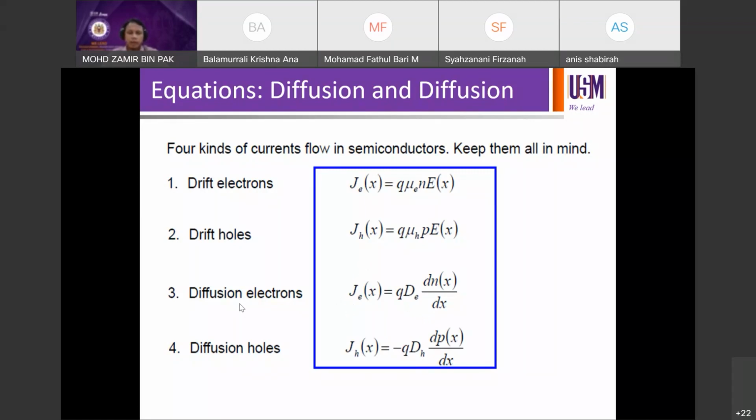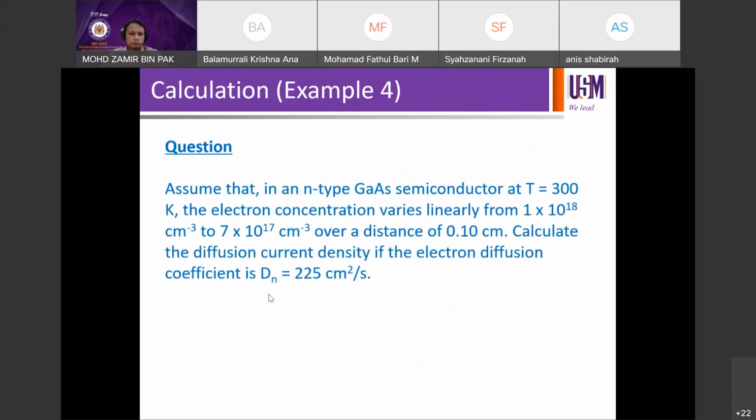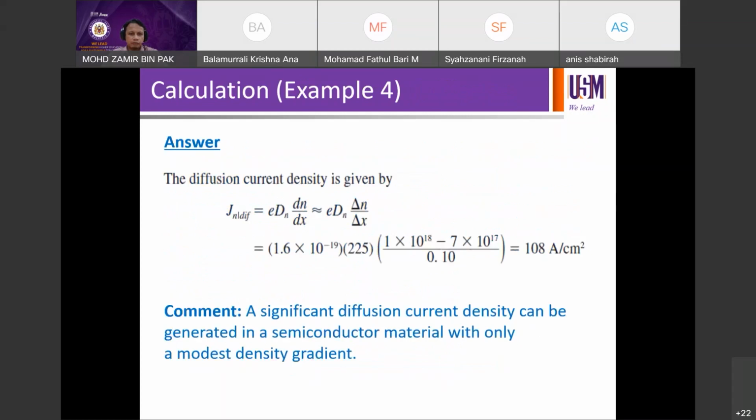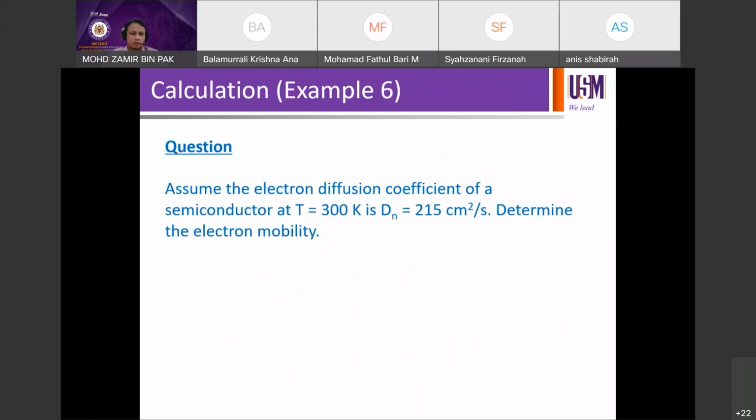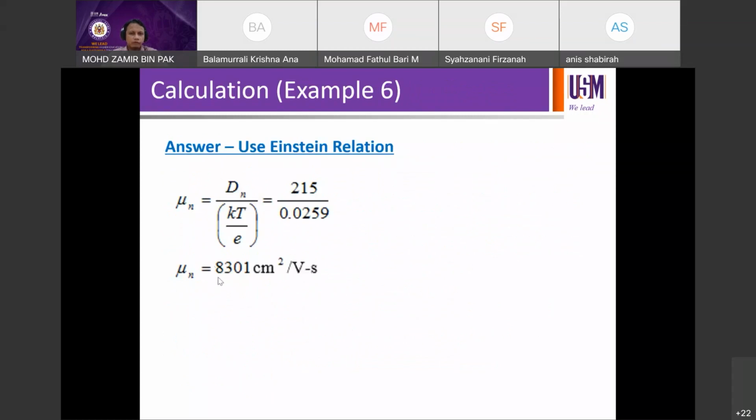And diffusion depends on the presence of a concentration gradient between two neighboring regions, okay? So these are the calculations. Try the calculations for yourself. The answers are already given, right? So this is the Einstein relation, for example, we discussed before the break.